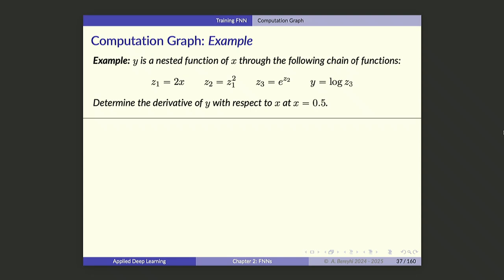So y is log of e to the power z2, which is z2 itself. And what is z2? z1 squared. And what is z1? 2x. So it's going to be 2x squared, right? Correct? Which is going to be 4x squared, correct?